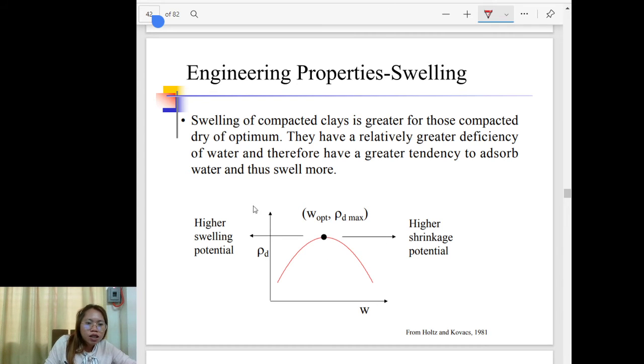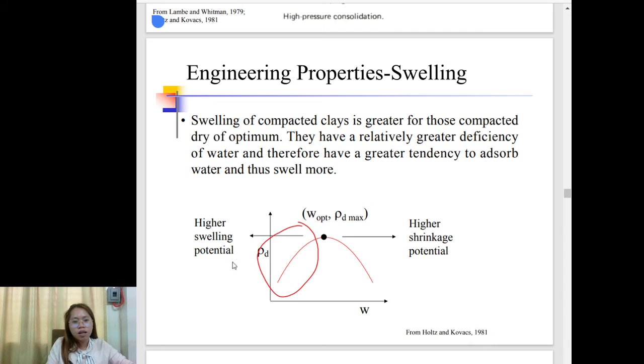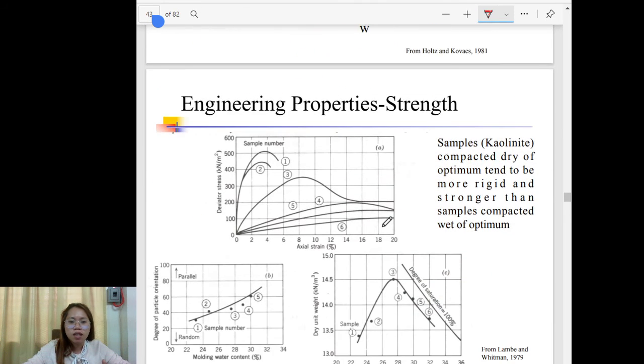That is the explanation for the higher swelling potential in this dry portion. Then this part here has a higher shrinkage potential because there is more water here, so there is a higher tendency for the water to evaporate, hence the higher shrinkage potential.